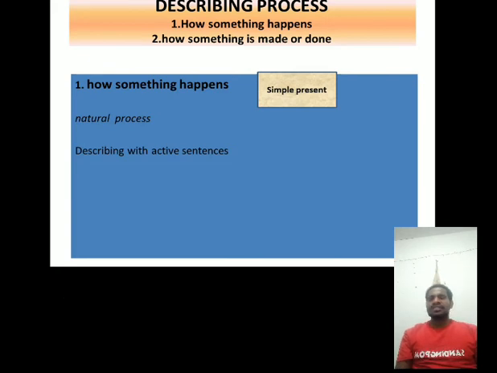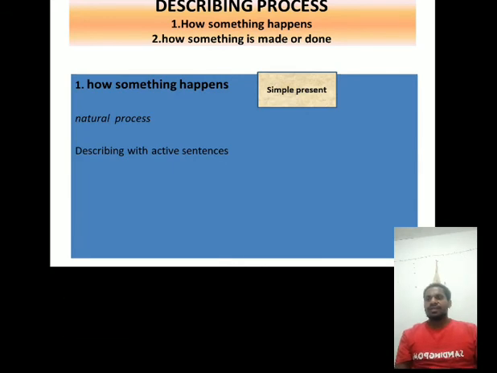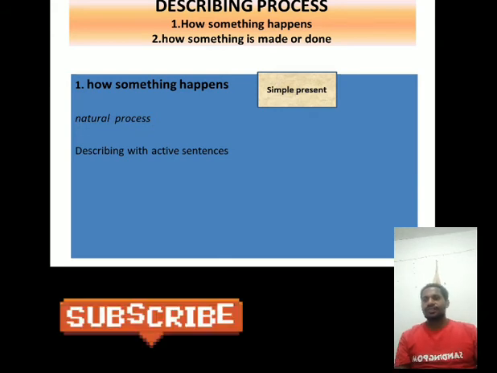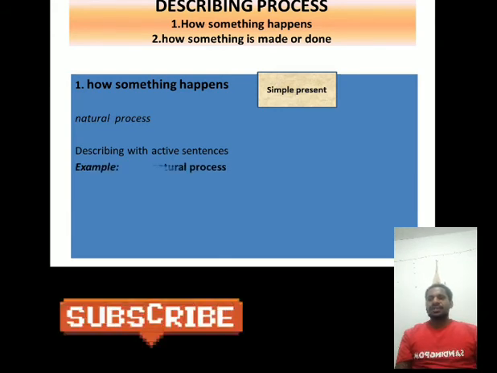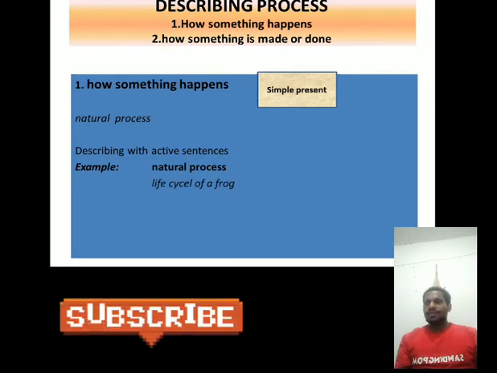So in natural process, we describe with active sentences. Example, natural process: life cycle of a frog.